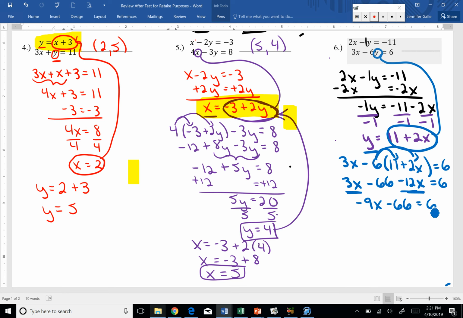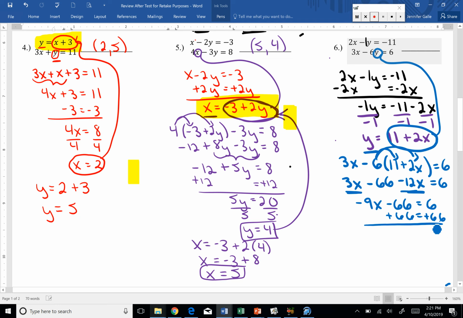So just be careful when you're solving. On this one, you have to distribute a negative 6. Combining like terms, it's a 3x and a negative 12x. No sign changes happen. Add our 66 to both sides. Negative 9x is equal to 72. Divide, divide.